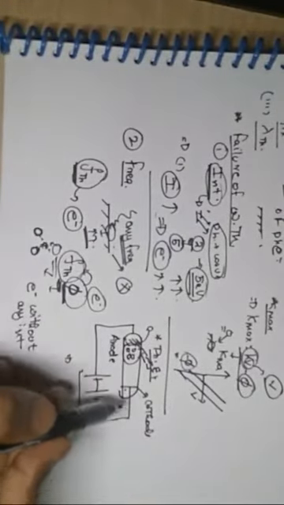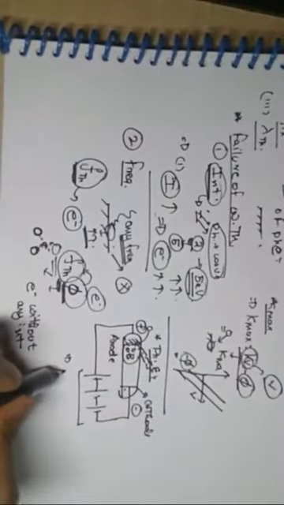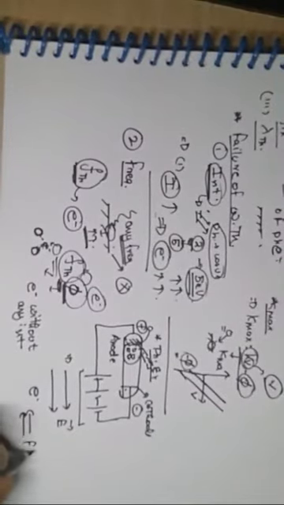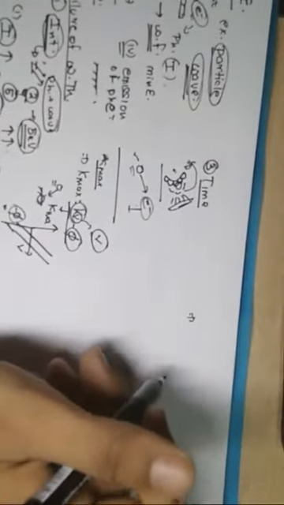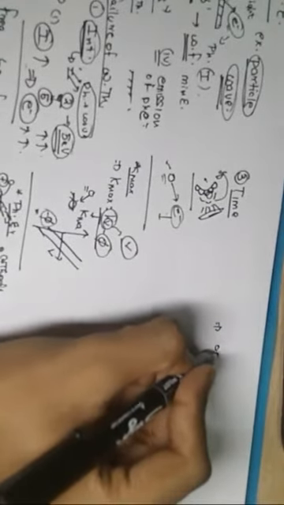This is the positive, this is the negative, so the electric field can be seen to be in this direction, and as they are electrons, the force would be in this direction. Due to this, a cloud is formed near the anode.